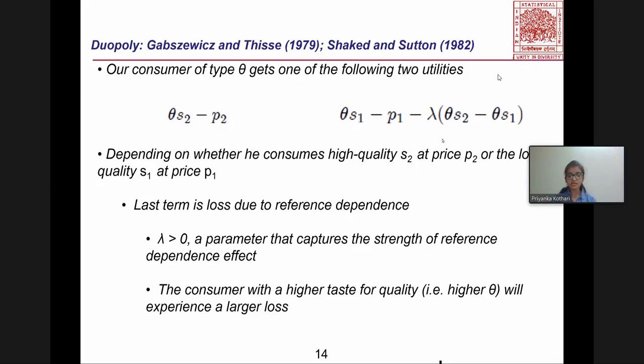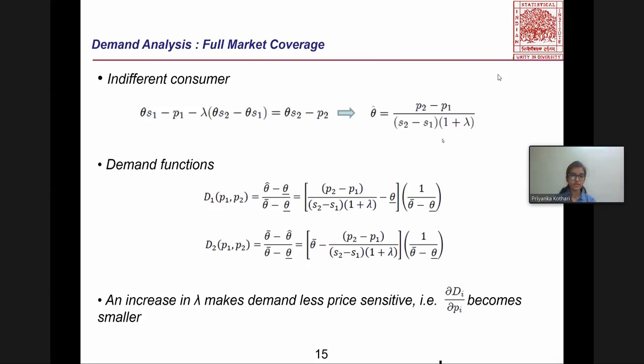Given this utility specification, we try to find the demand for firm 1 and firm 2. For that, we find the indifferent consumer between buying from firm 1 and firm 2. Theta hat is the consumer who is indifferent. Anybody to the left of theta hat will buy from the lower quality firm 1, and anybody to the right of theta hat will buy from the higher quality firm 2.